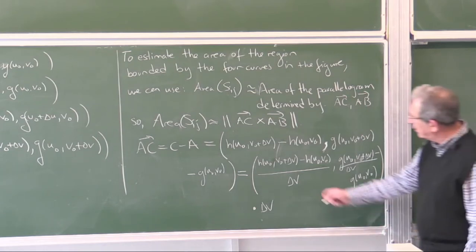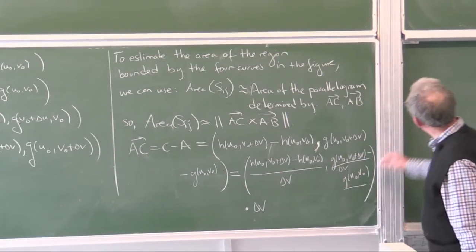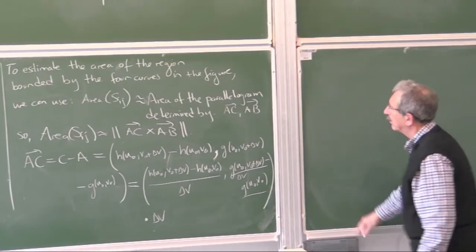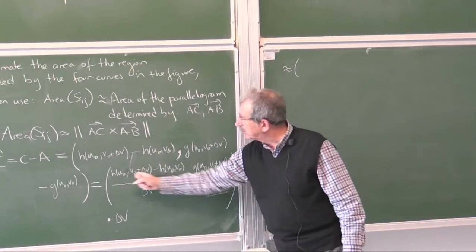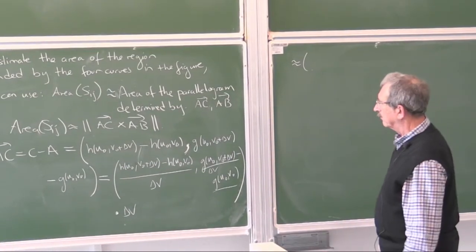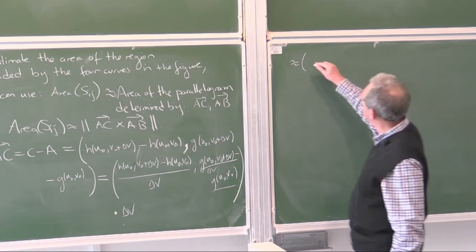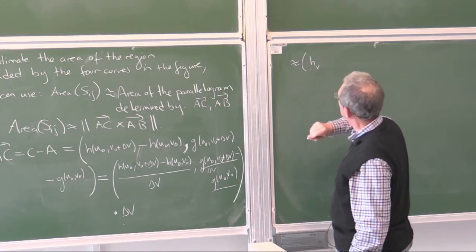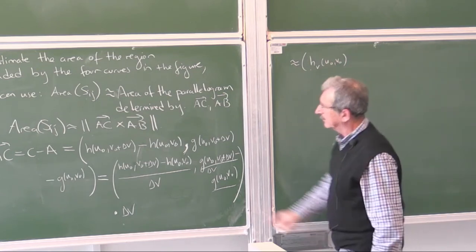Now, when delta v is very small, this ratio is almost the derivative of h with respect to v at u0, v0. So this is h sub v at u0, v0, approximately.